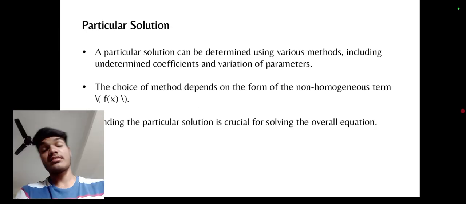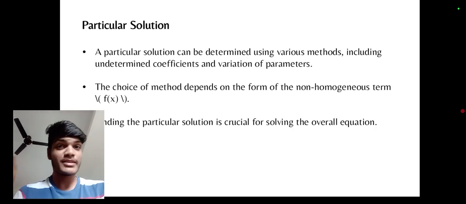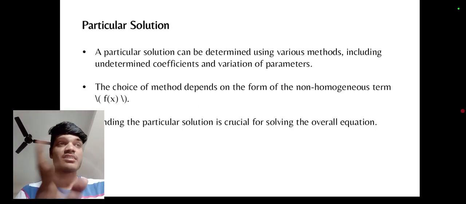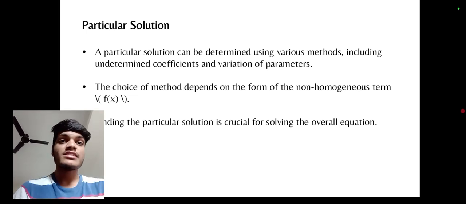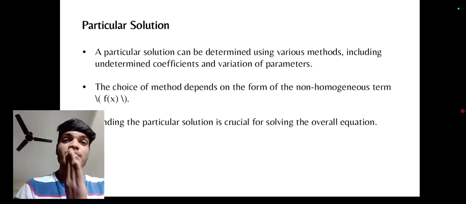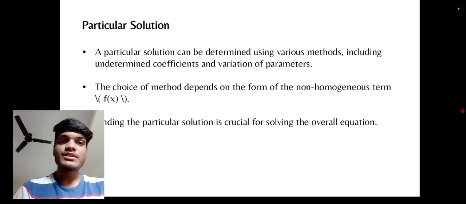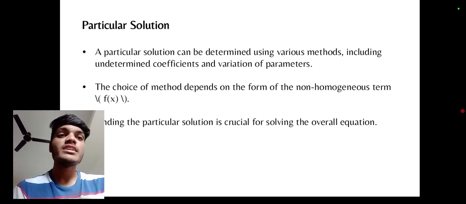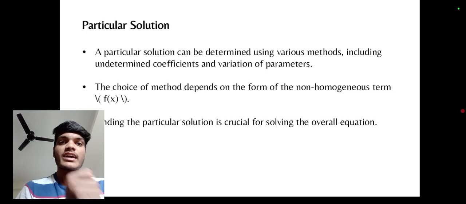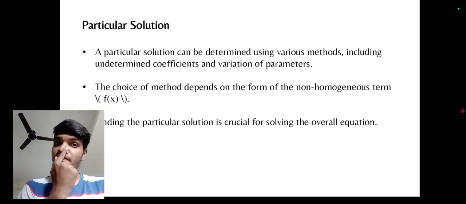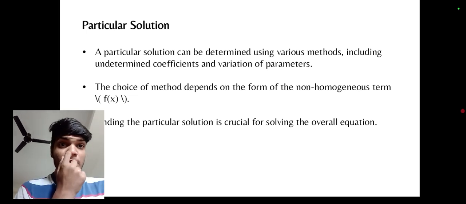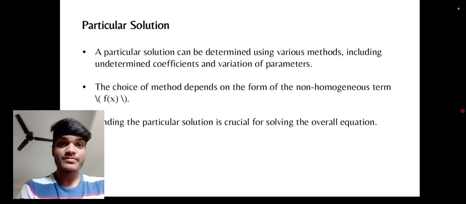Next, another term and its definition: what is meant by a particular solution? A particular solution can be determined by using various methods, including undetermined coefficients and variation of parameters. The choice of method depends on the form of the non-homogeneous term.